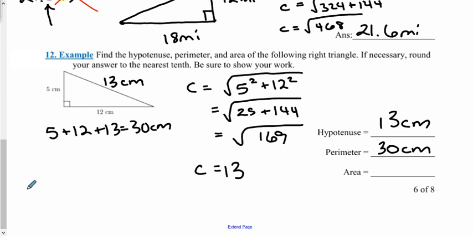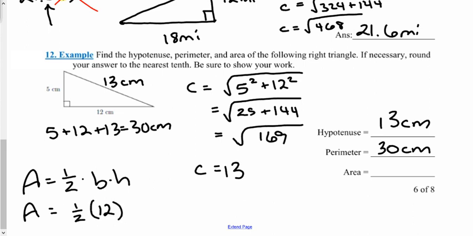Area, of course, is 1/2 base times height on a triangle. So 1/2 of 12 times 5. Not this 13. Well, that's going to be half of 60, which comes out to be 30. And so our area is 30 square centimeters.